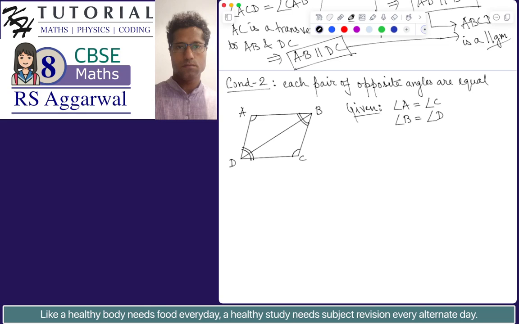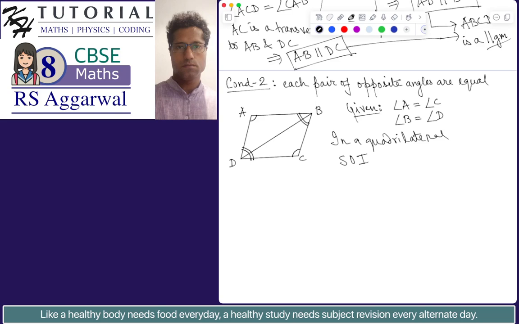Angle A is equal to angle C. Opposite angles are equal. So we know that in a quadrilateral, the sum of the interior angles, I always refer to the sum of interior angles as SOI.